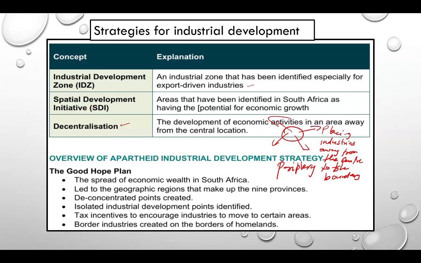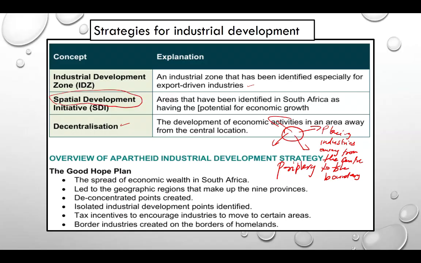Spatial Development Initiative, you say it is areas that have been identified in South Africa as having the potential for economic growth, or you can say it is the development that takes place along the main industrial regions, metropolitans.